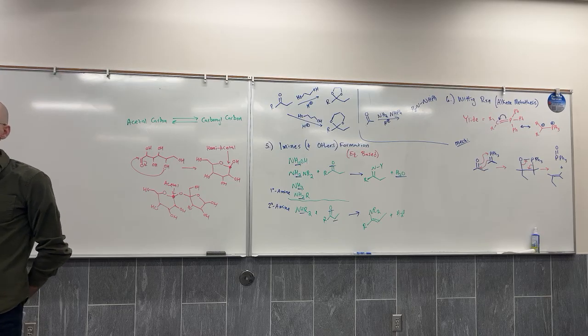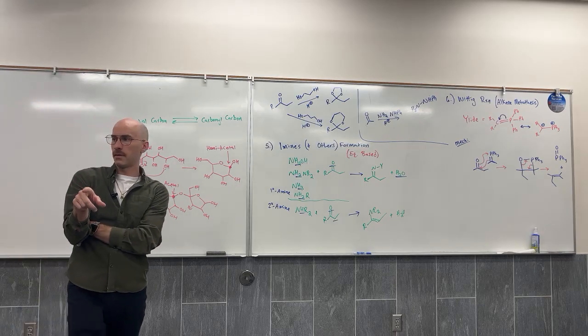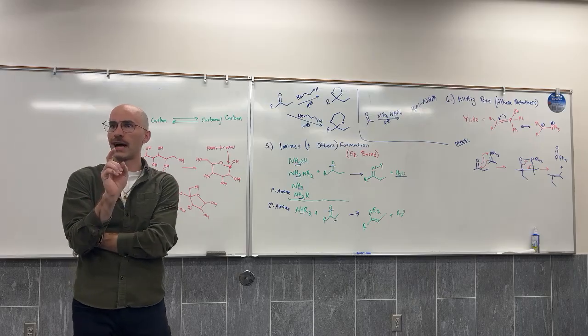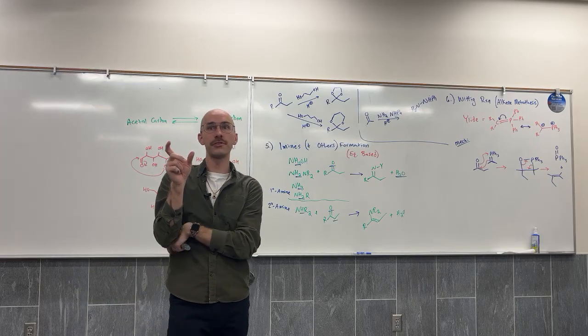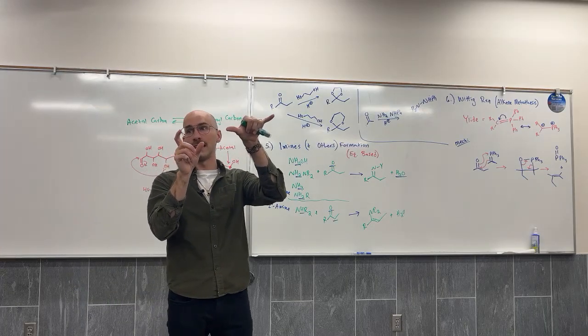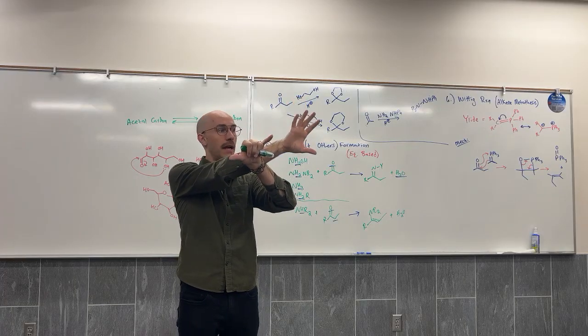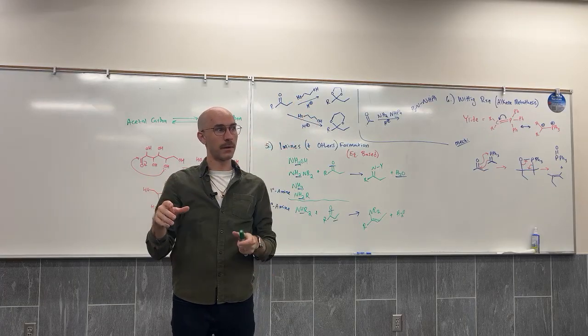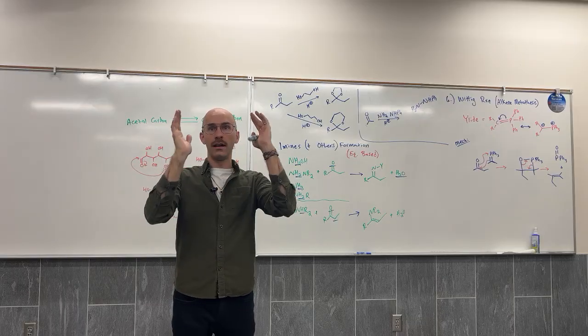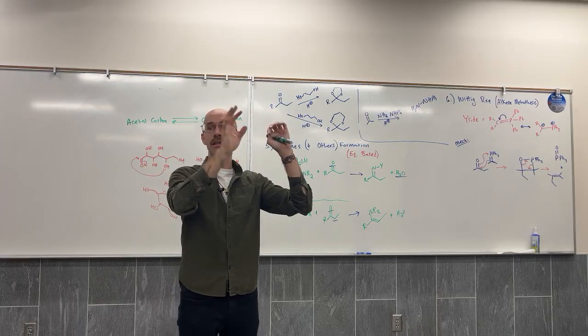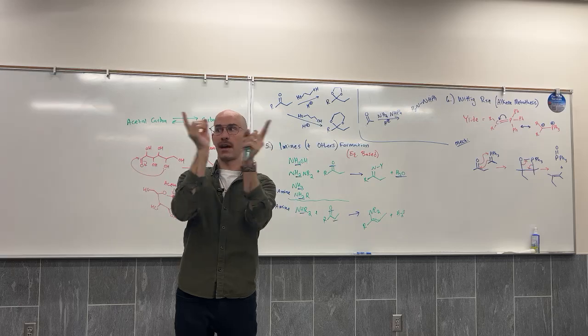Okay, how about this? On the worksheet that I gave you, I said carbonyls react with alcohols in acid to form acetals. And then on the back side in that roadmap, I gave you an alcohol, and you had to figure out the carbonyl to form the acetal. Isn't that backwards?